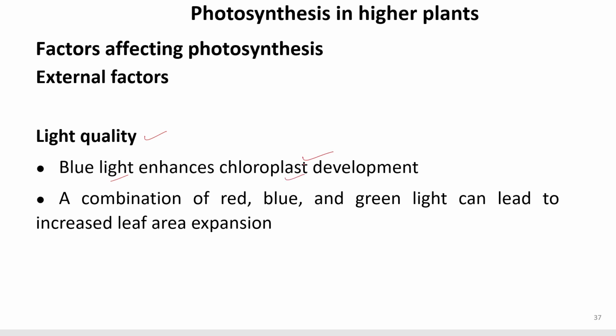If the chloroplasts are developed, it will enhance the rate of photosynthesis. Another fact is that the combination of red, blue and green light can lead to increased leaf area expansion. If the leaf area is increased, it will absorb more sunlight, and this will lead to an increase in the rate of photosynthesis.